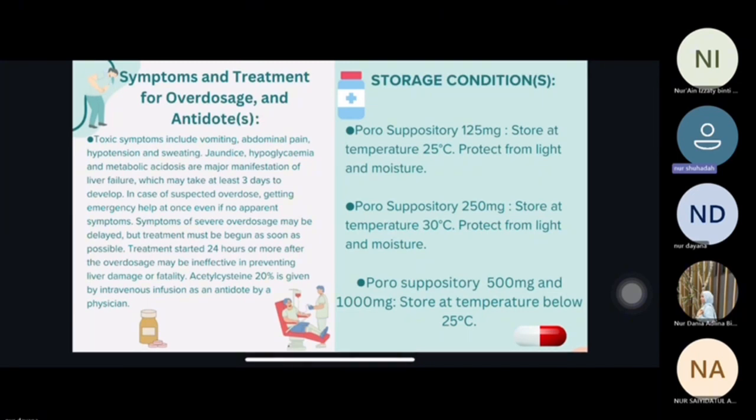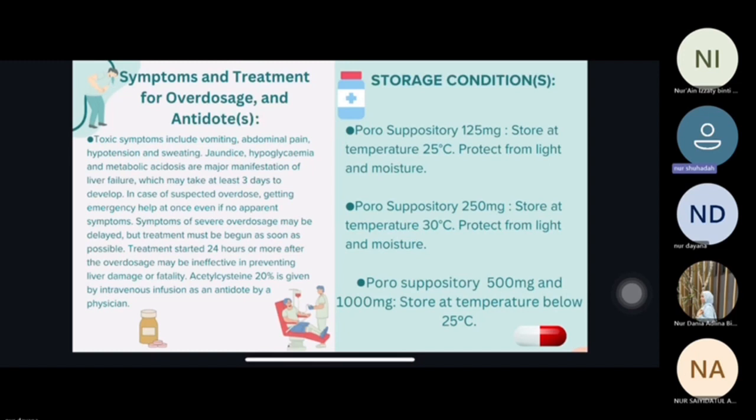In case of suspected overdose, get emergency help at once, even if there are no apparent symptoms, as signs of severe overdosage may be delayed, but treatment must be begun as soon as possible. Treatment started 24 hours or more after the overdosage may be ineffective in preventing liver damage or fatality. Acetylcysteine 20% is given by intravenous infusion as an antidote by a physician.